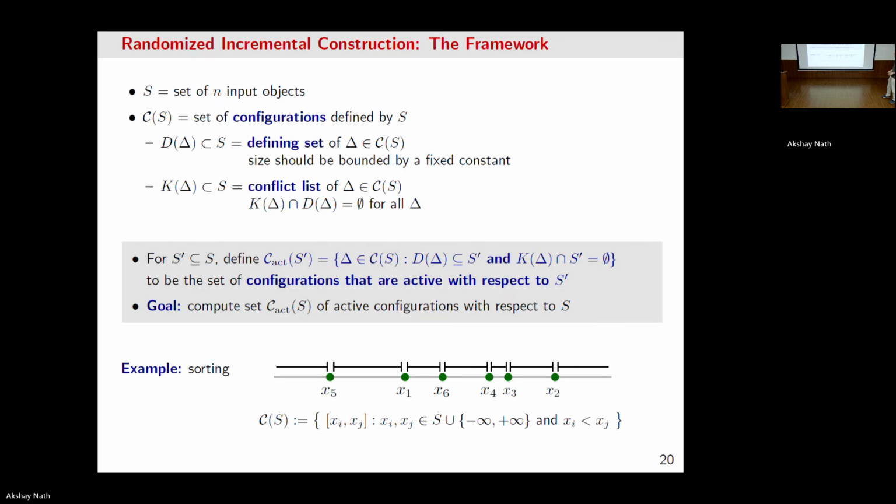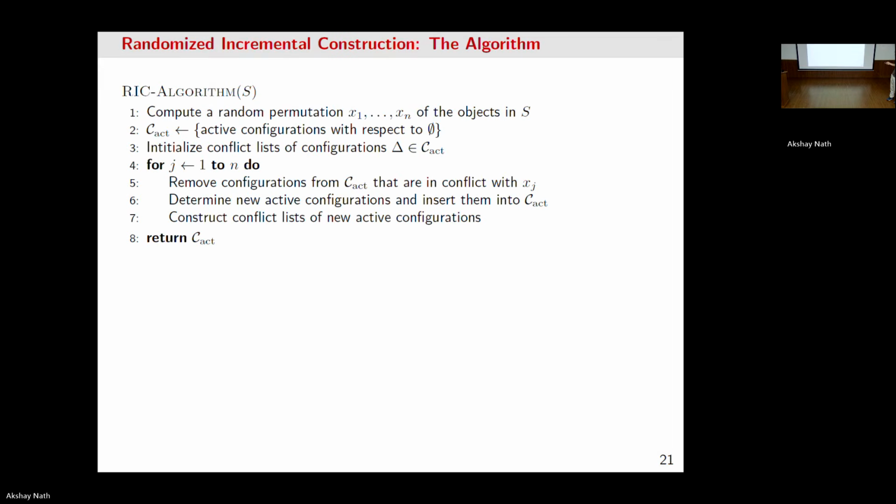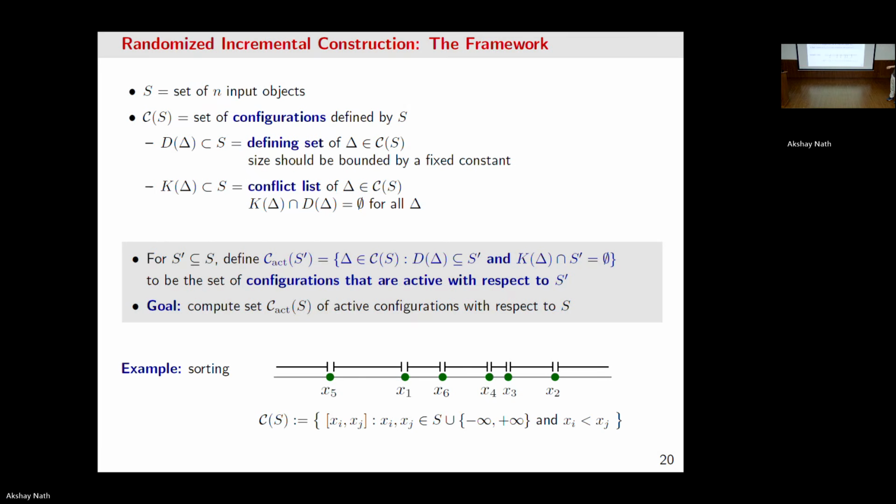So for sorting, what would be the input objects? The points? Maybe add minus infinity and plus infinity or something. What are the configurations?